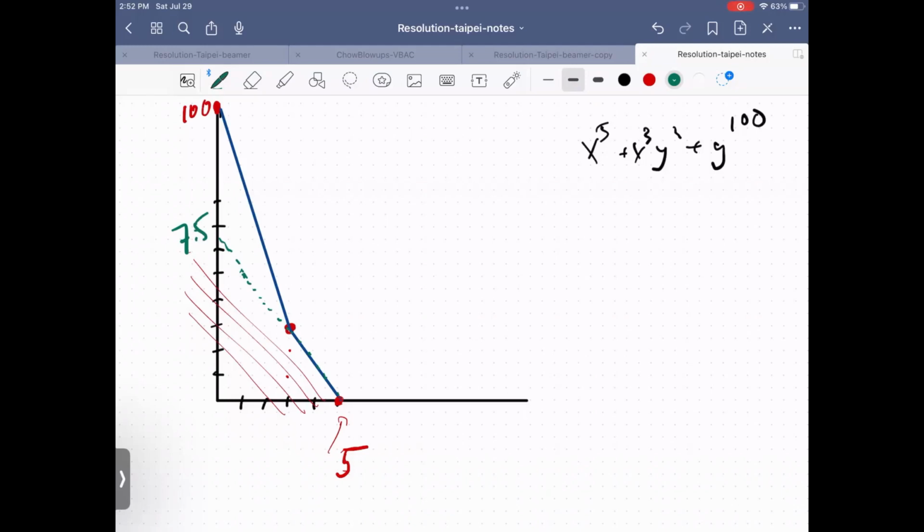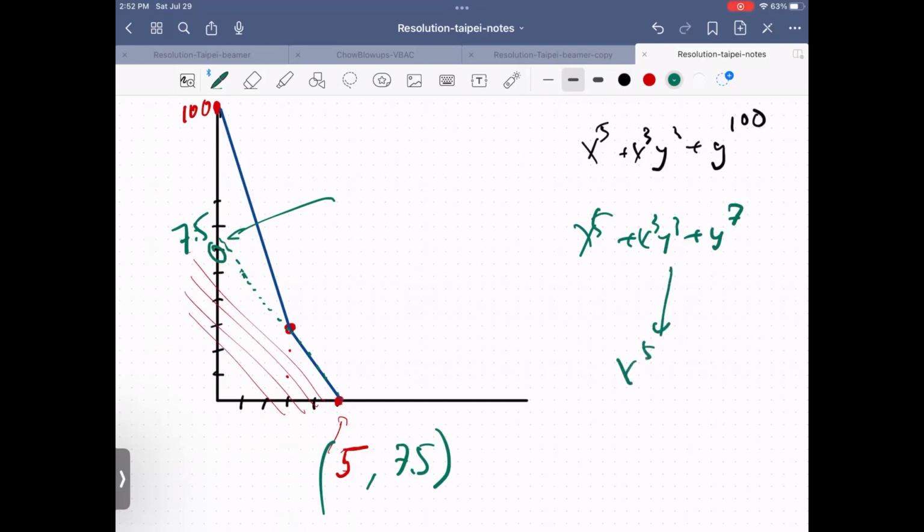So I claim that it hits at 7.5, and that's the other side. If instead I had X to the 5 plus X cubed Y cubed plus Y to the 7, then a Y7 would lie below, and that would be X to the 5 Y to the 7.